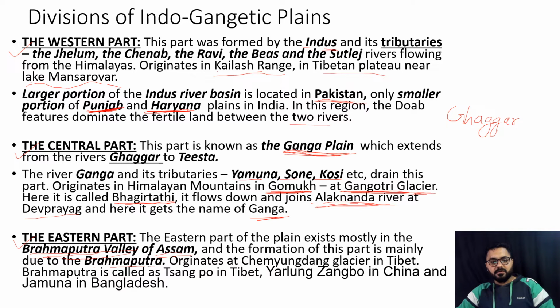Now, talking about the origin of the Brahmaputra, it originates at a place in Tibet called the Chemyungdang Glacier. Okay, so the Brahmaputra also has different names.